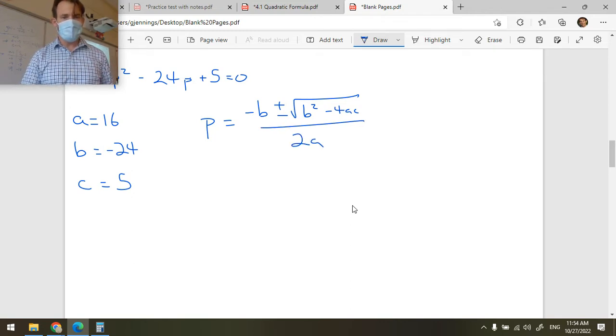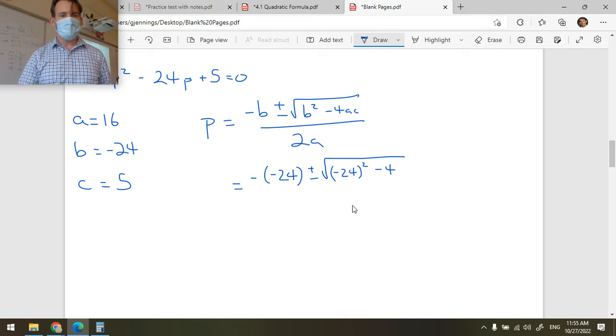And then substitute in. So negative b, I can write it as negative 24, no problem, plus or minus the square root of negative 24 squared, minus 4 times a, which is 16, times c, which is 5.